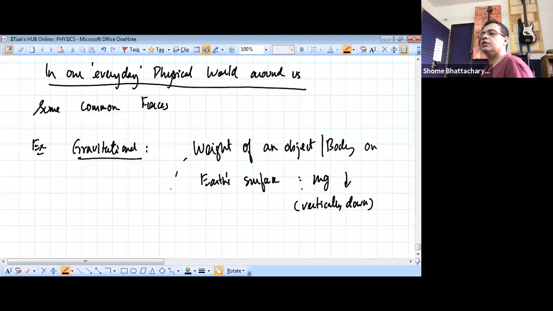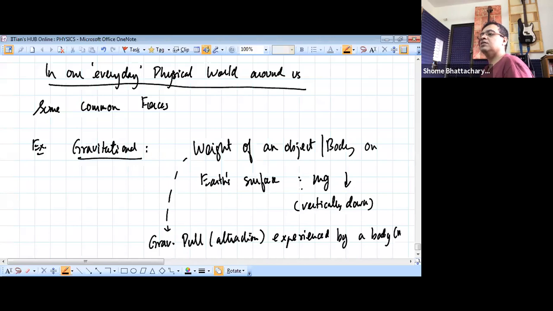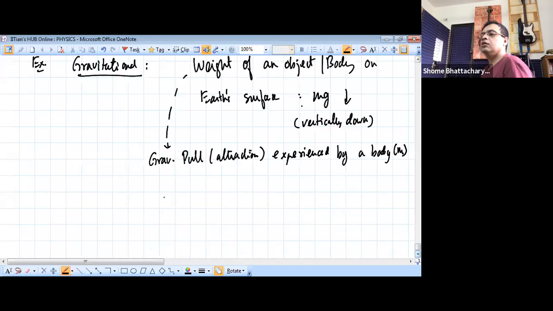This weight of an object is nothing but the gravitational pull or attraction experienced by a body of mass m towards the Earth's center, due to the Earth's mass. That is what it is actually.